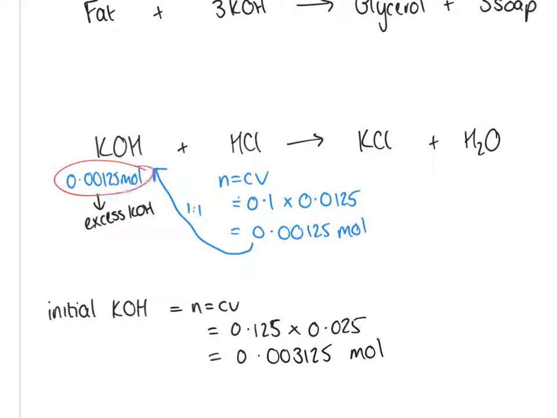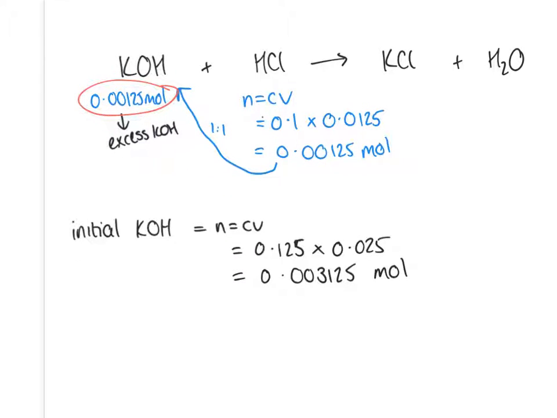This is the excess. So how do I work out how much did react with my fat? Take them away. So KOH used is your 0.003125 take away the 0.00125, which we worked out was the excess.